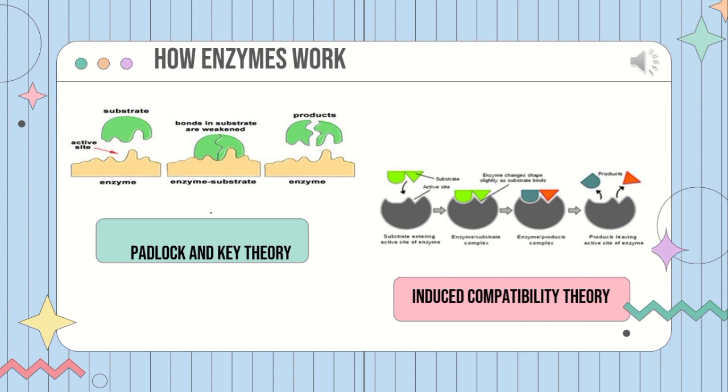According to this theory, the cofactor or activator of the enzyme will bind to the allosteric site. The cofactors change the shape of the active site in order to bind a certain substrate. The substrate is then converted to products and released from the enzyme. And lastly, enzymes can be reused for subsequent substrates.